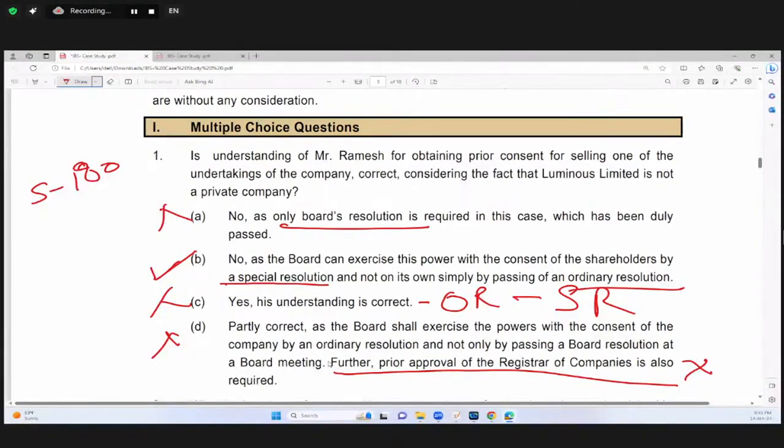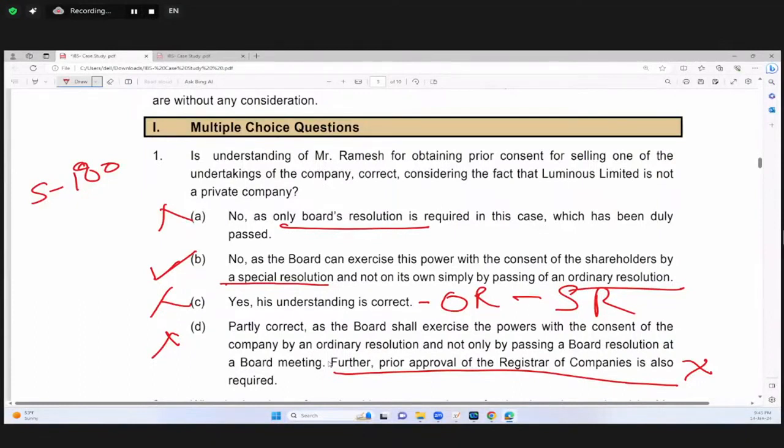The board of directors, for certain powers, has to go to the company. And since this provision is based on selling or disposing of the undertaking, where the investment of the company is exceeding 20%, the board of directors has to go to the shareholders, to the general meeting. They have to conduct a general meeting.